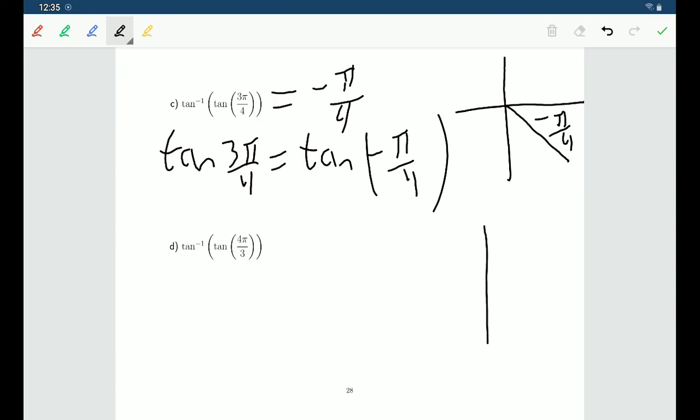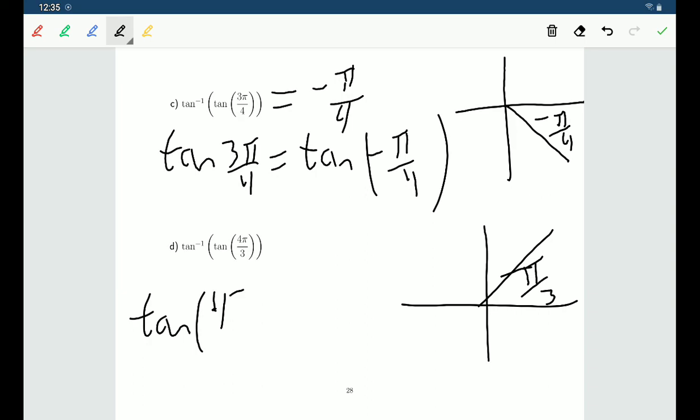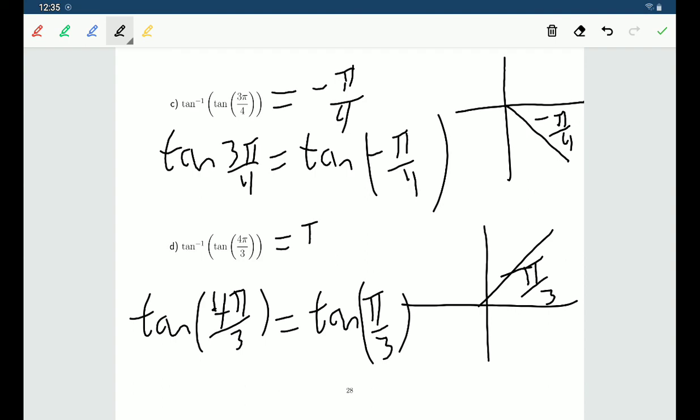We're in quadrant 1. That means we are at the angle pi over 3. So tangent of 4 pi over 3 and tangent of pi over 3 are equal to each other, and so that means that we can say that if you put 4 pi over 3 as the input, tangent inverse will give you pi over 3 as the output.